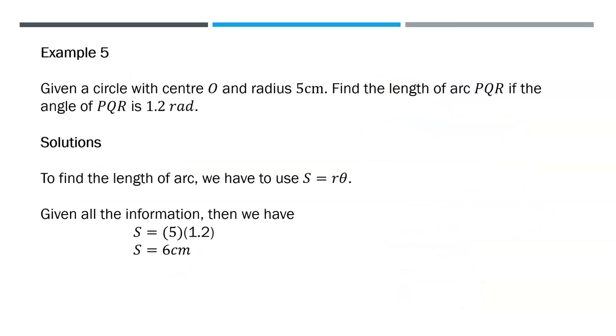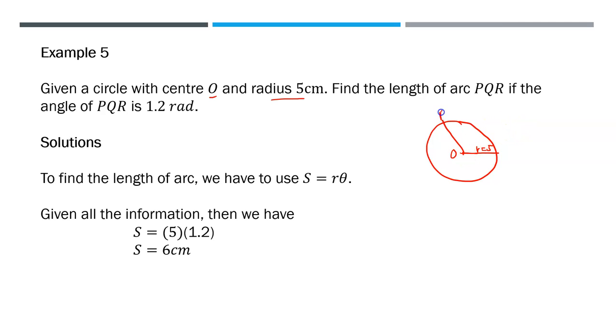Okay, example number 5. Given a circle with center O and radius 5 cm. Find the length of the arc PQR if the angle of PQR is 1.2 radian.